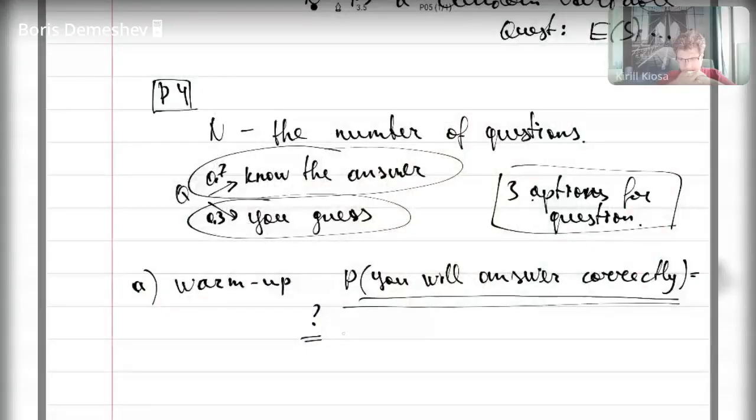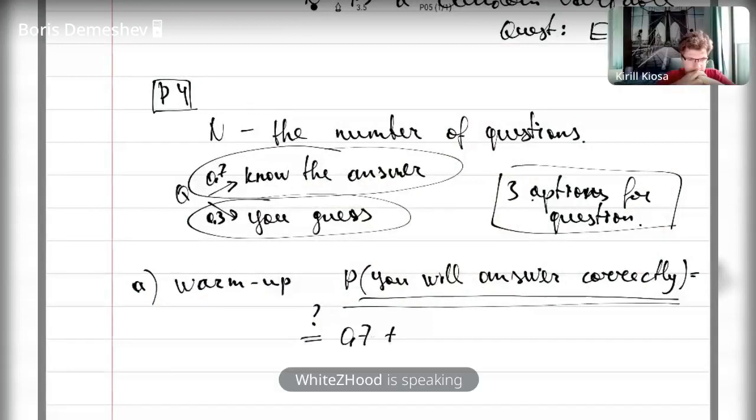You may just be lucky. So it's just 0.7?